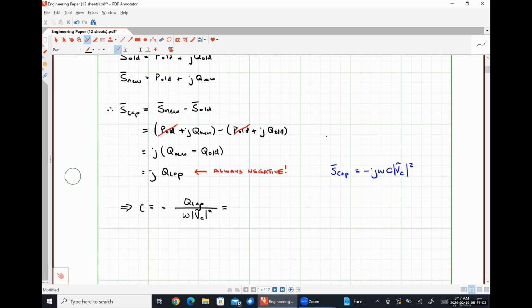And so that's going to look like positive P old times the tangent of theta old, which is directly related to our old power factor, minus the tangent of theta new, all divided by that same denominator, omega times the magnitude of our capacitor voltage squared.